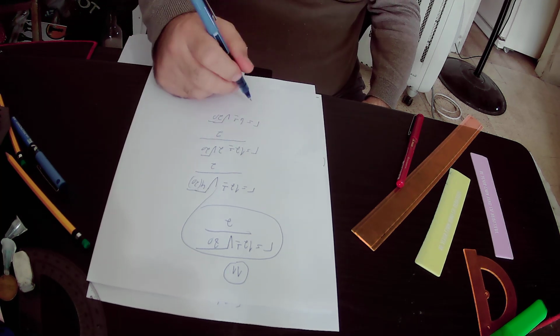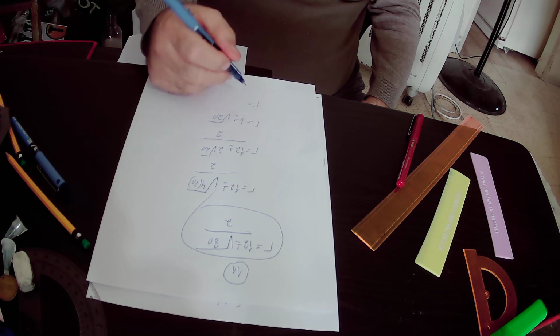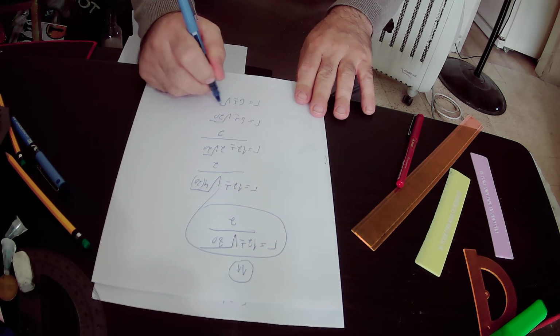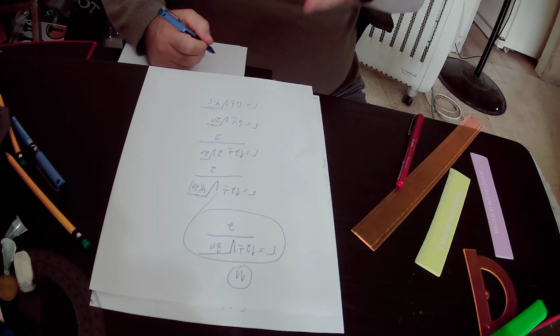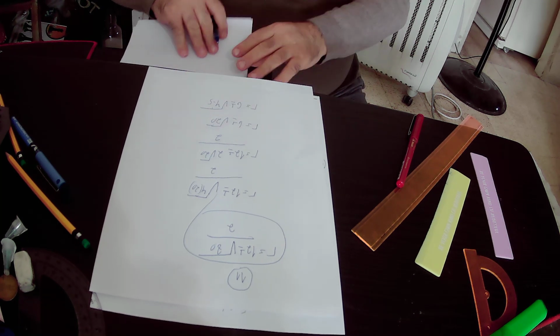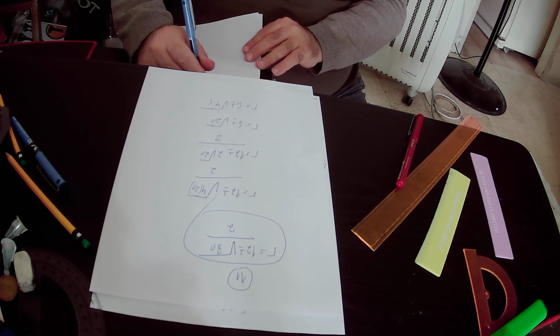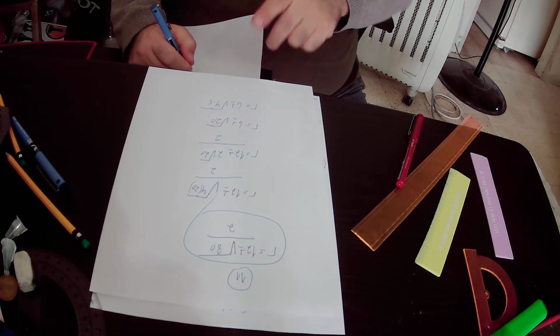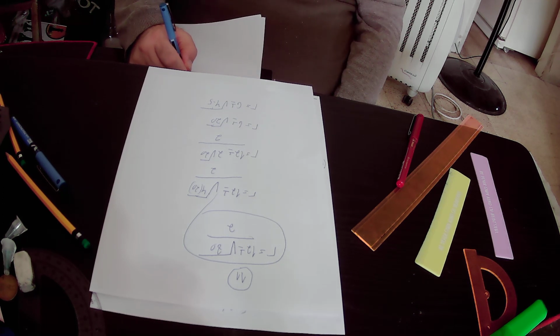So r equals 6 plus minus the root of 4 times 5. And again, we know that the root of 4 is 2, so we get that r equals 6 plus minus 2 times root 5.